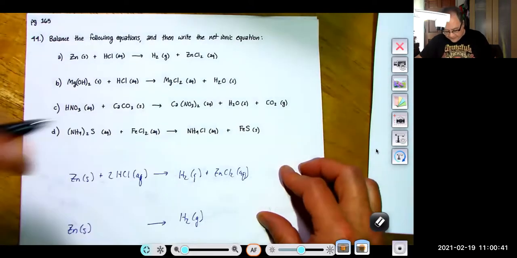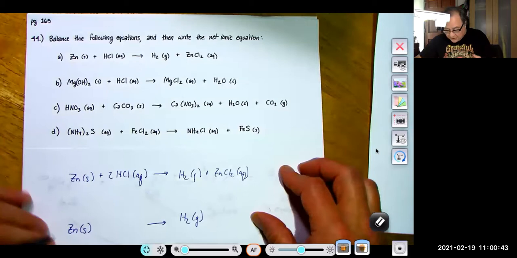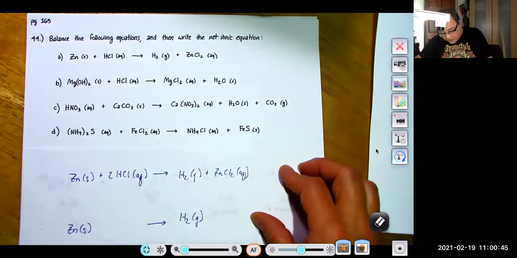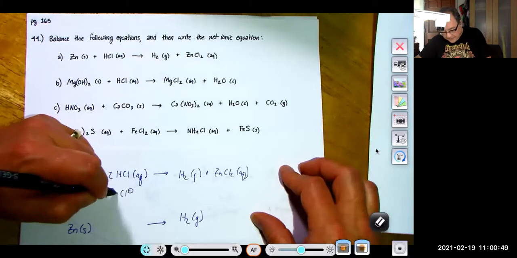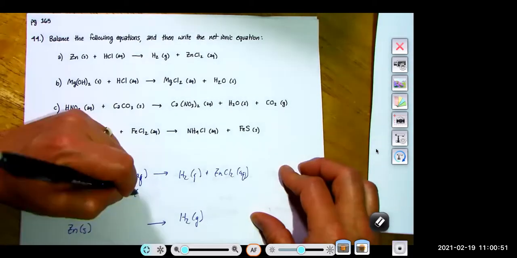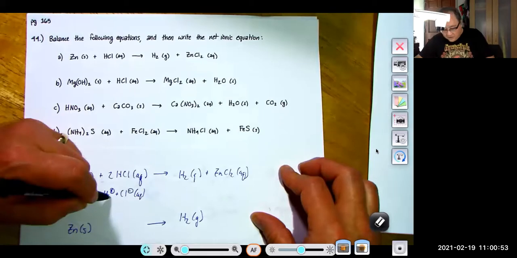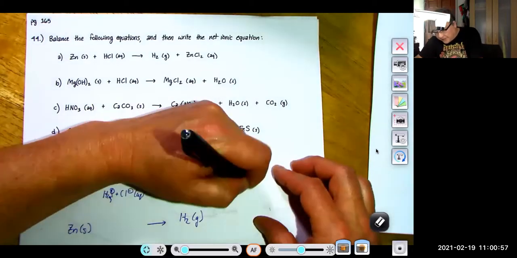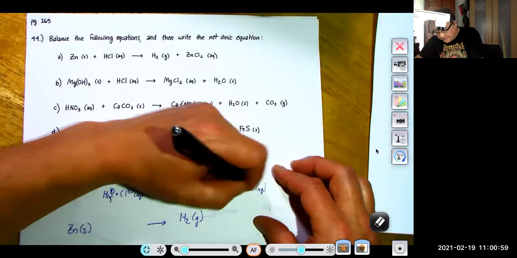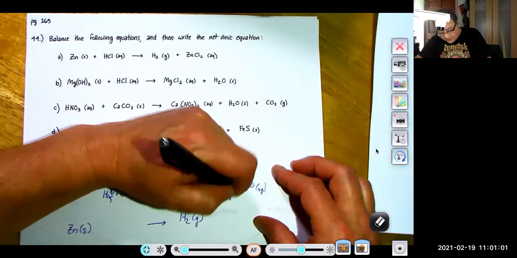Now, for this, we need to realize that it's H plus and Cl minus, right? And they're both aqueous. Over here, it's zinc 2 plus and Cl minus, and they're both aqueous. And there's 2 of these and 2 of these.